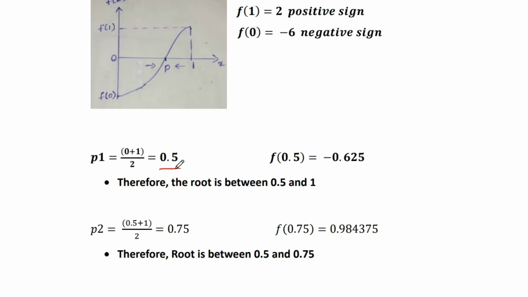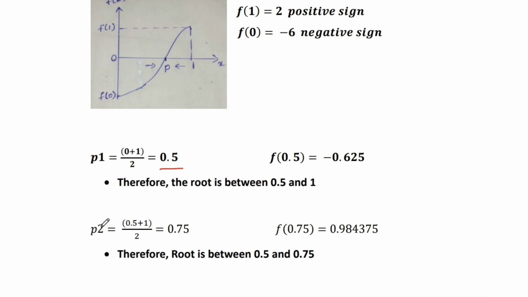It is 0.5, and f(0.5) is −0.625, a negative sign. Therefore, our root is between 0.5 and 1, because f(1) is positive.